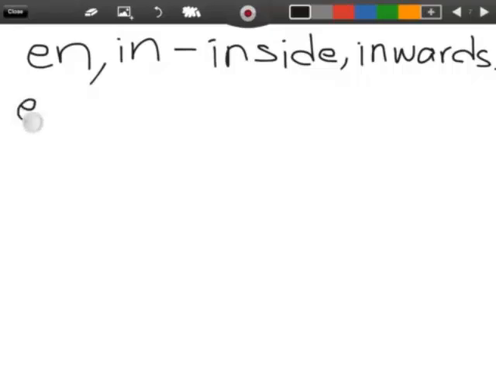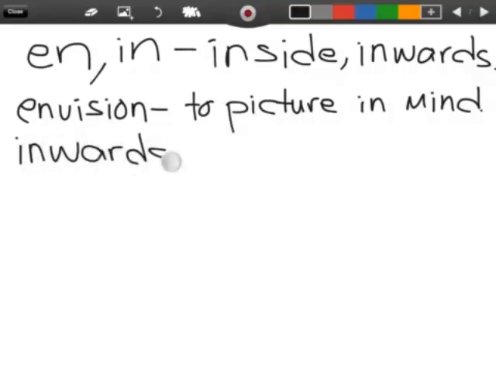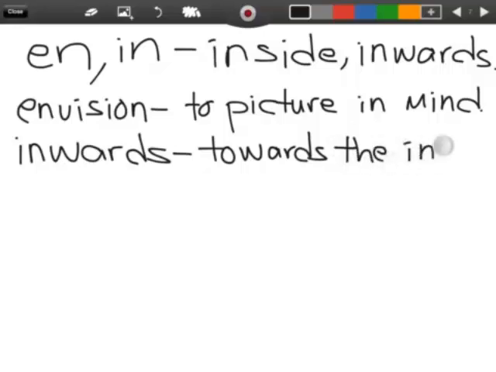One of them is envision, meaning to picture in mind. The other one is inwards, meaning towards the inside.